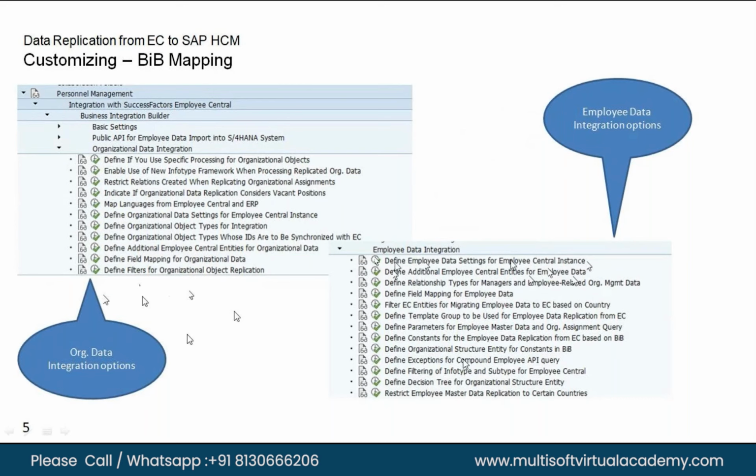We need to create an Employee Central instance and the additional Employee Central entities. In EC, we have portlets like the job info portlet, national ID portlet, and the compensation portlet. Every portlet is defined in the entity. There are SAP provided web services: WS_4 is the job info portlet, and WS_5 is the org data portlet.